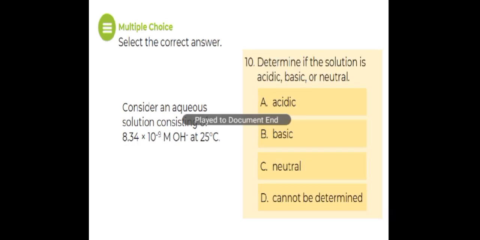Lastly, we have number 10. Consider an aqueous solution consisting of 8.34 times 10 raised to negative 9 molar hydroxide ion at 25 degrees Celsius. So, we have the question, determine if the solution is acidic, basic, or neutral. Is it A, B, C, or letter D?